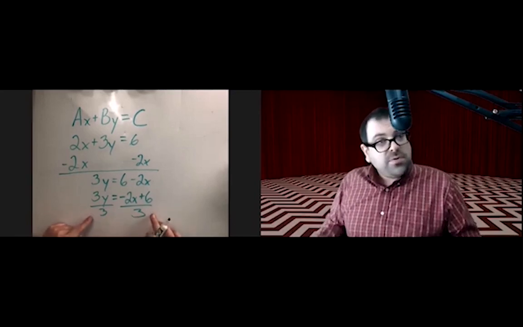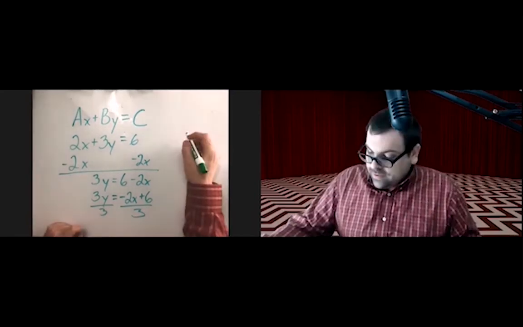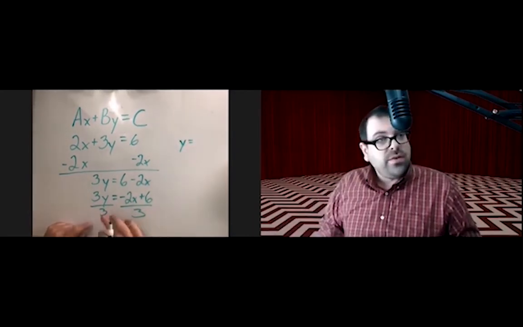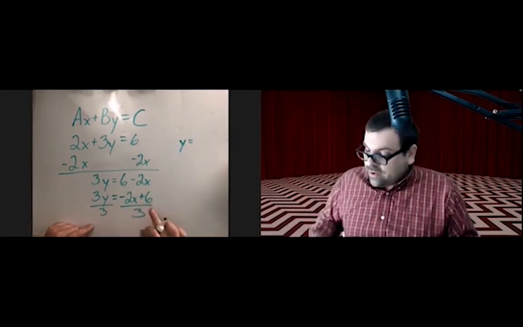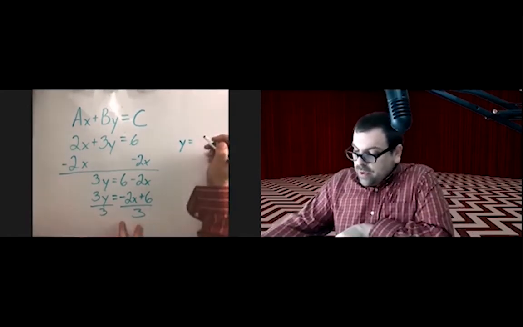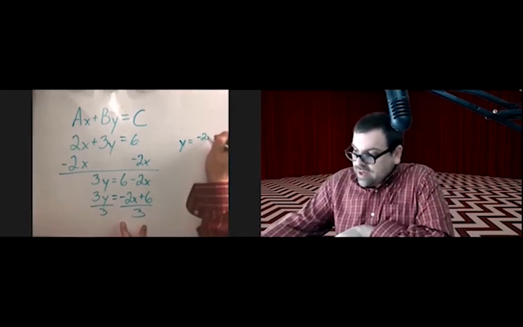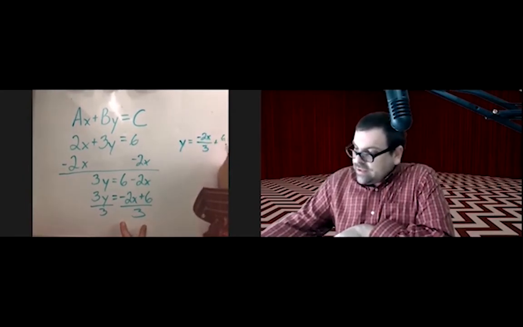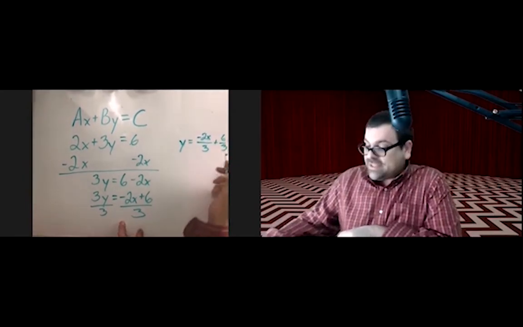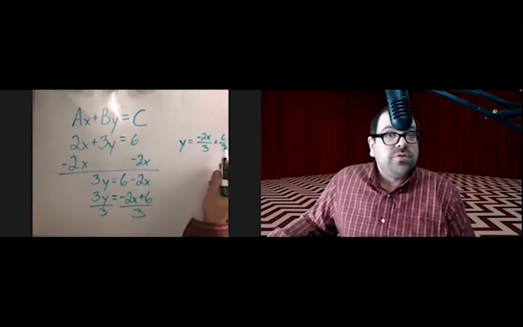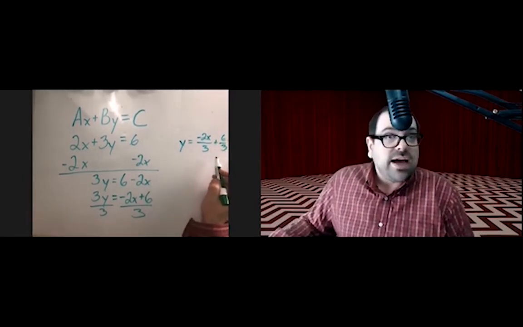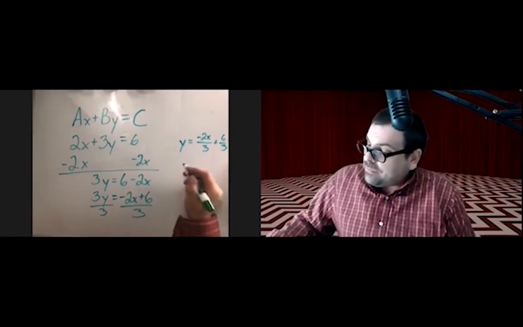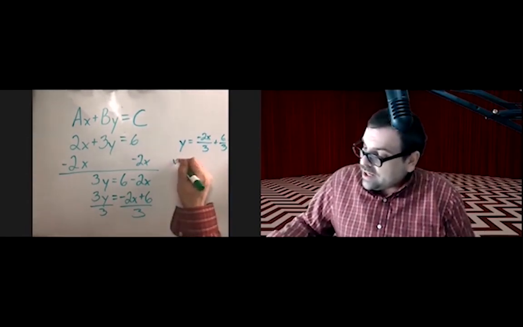When we divide both sides by 3, that's just going to leave us with the y on the left, and on the right, both of the terms, the negative 2x and the 6, both of those terms will get divided by 3. Simplify them both individually.